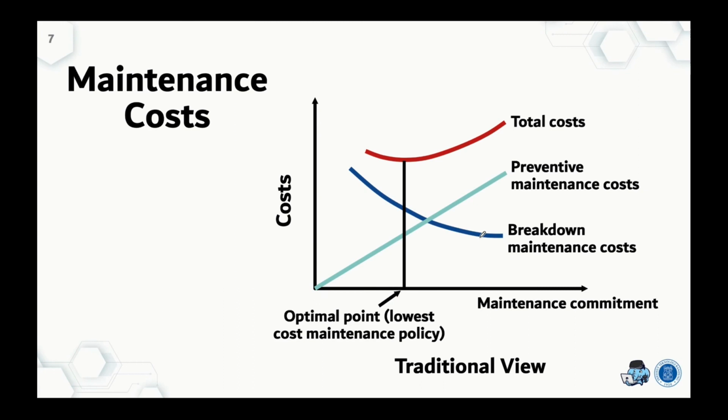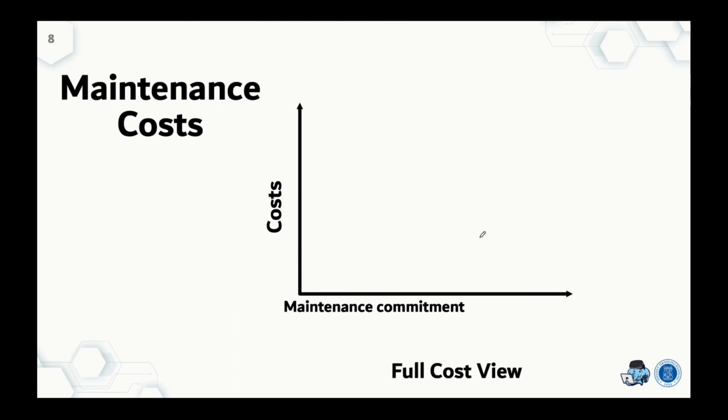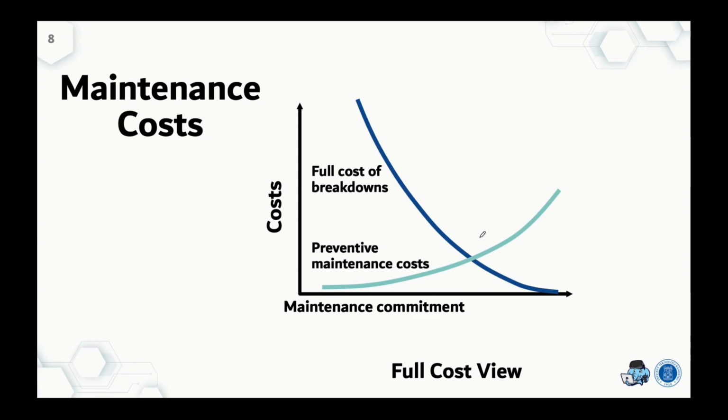But when we consider the full cost view, the full cost of the breakdown, we have a quite different curve of breakdown maintenance cost, because we already consider all the full cost of breakdown, including the inventory and then the morale opportunity cost and so on.